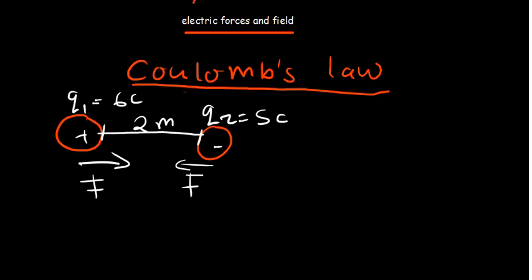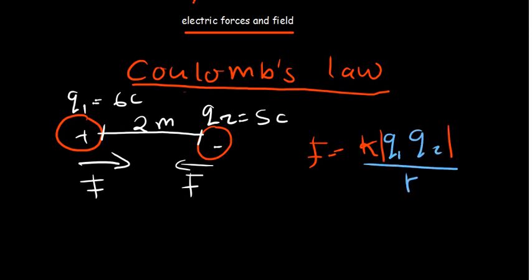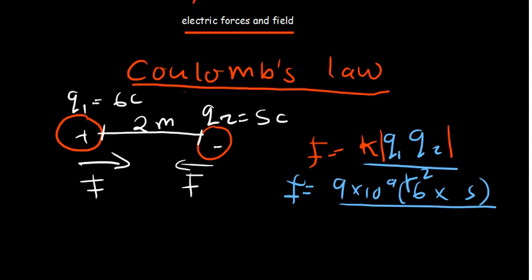Now how can we calculate the electric force? We have our formula. The electric force is equal to K times the modulus of Q1 Q2 over R squared. We have K as 9 times 10 to the power 9, then 6 times 5, and R as 2, which we have to square.